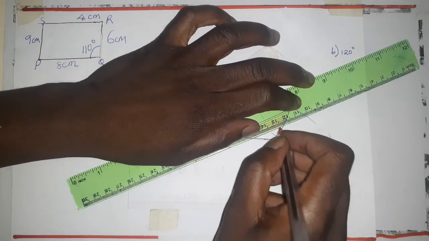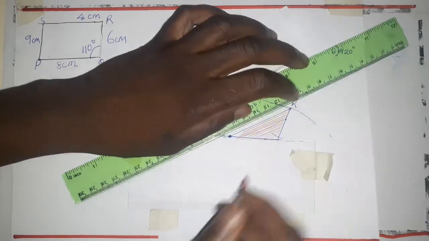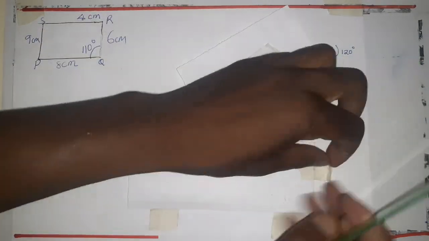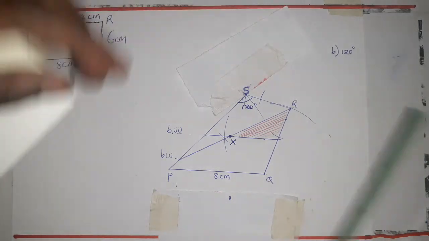Are we together? This is the region that we are supposed to shade. I can get rid of this, this one can remain.